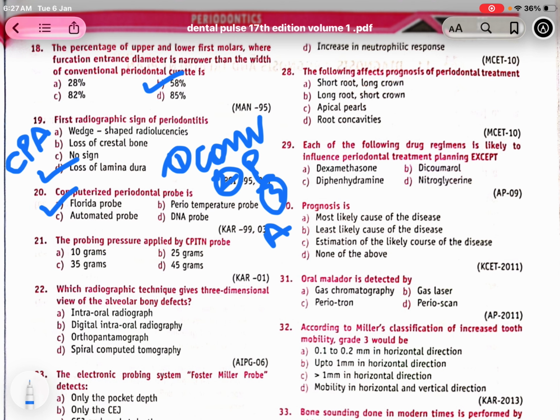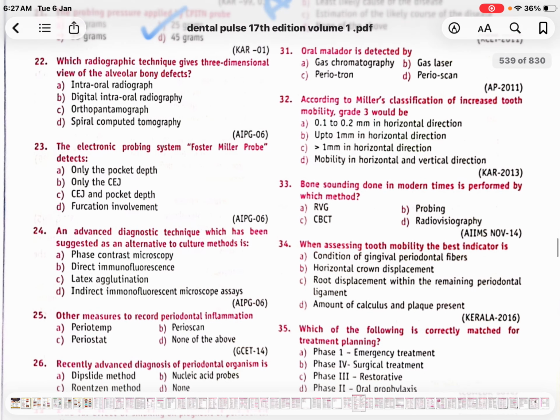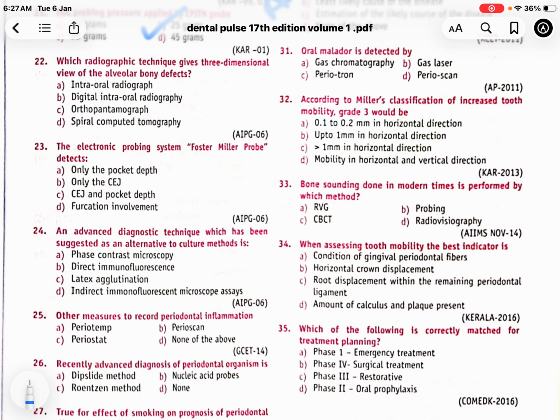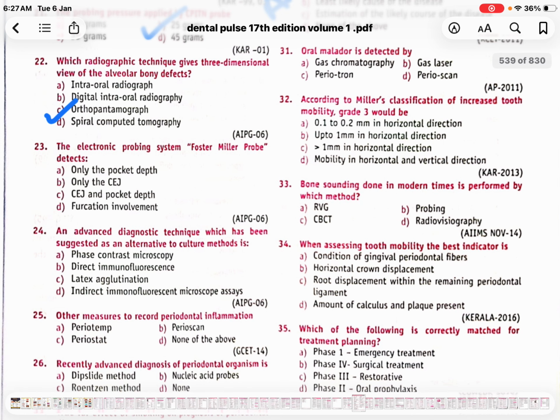The probing pressure applied by CPITN probe, so it's 25 grams. Next, which radiograph technique gave 3-dimensional view of the alveolar bone defect? So it's OPG. Oh, sorry, not OPG.